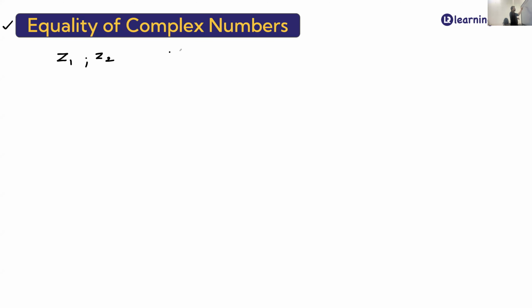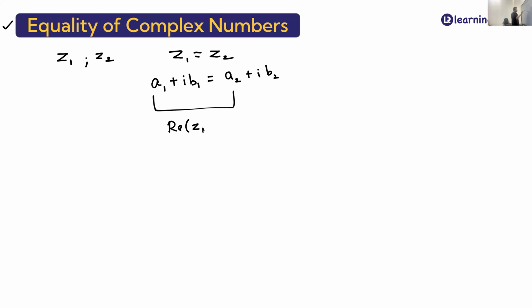If you have to say Z1 is equal to Z2, then Z1, if I consider it to be A1 plus I times B1, and Z2, I consider it to be A2 plus I times B2. If these two complex numbers are expected to be equal, then their real parts should be equal. That is, the real part of Z1 should be equal to the real part of Z2.